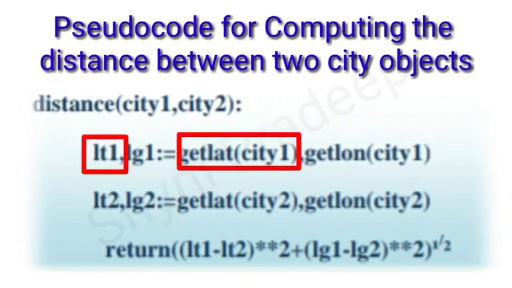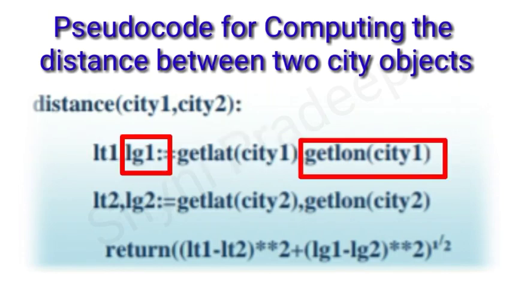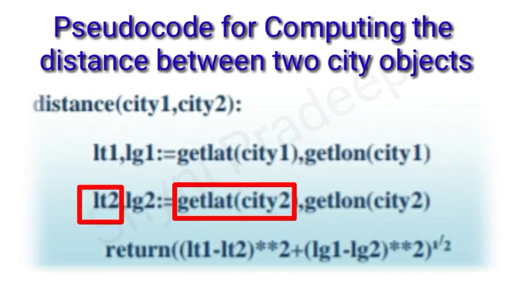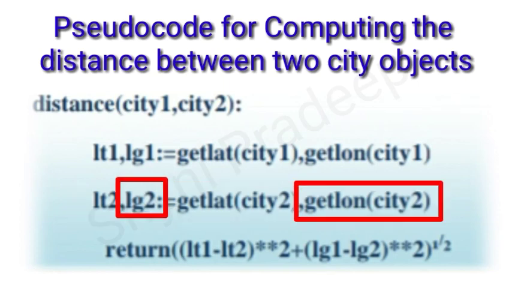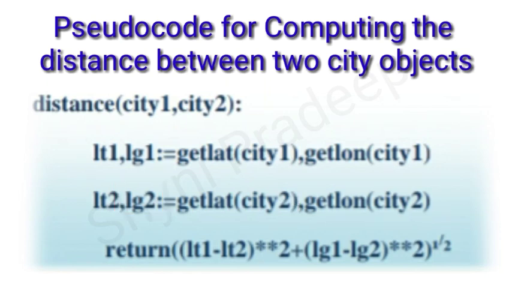Read this: LT1 becomes the value of get_lat of city1 and LG1 becomes the value of get_long of city1. Similarly, LT2 becomes the value of get_lat of city2 and LG2 becomes the value of get_long of city2. LT means latitude and LG means longitude.